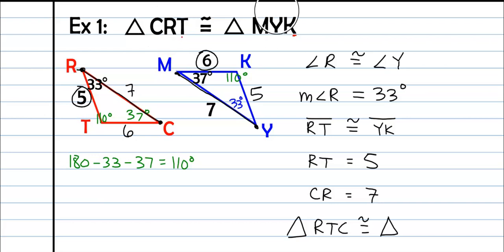So notice how R was the second letter and Y is the second letter. So we would want to write Y first. And then T is the third letter, K is the third letter. And then C is the first letter, and M is the first letter. So there are lots of different ways to write congruency statements. Just make sure that your letters all line up the same way that they lined up originally.